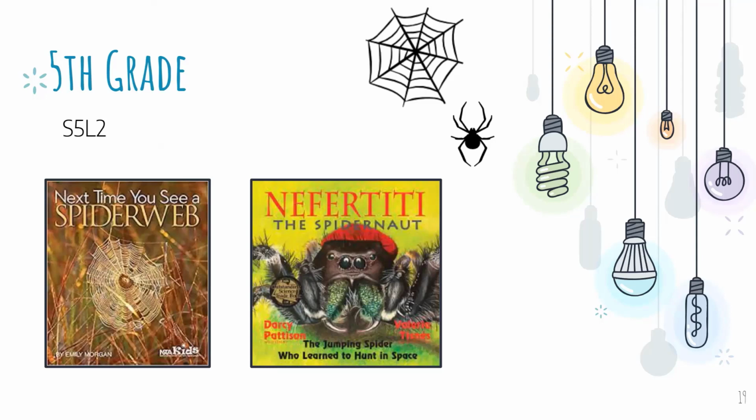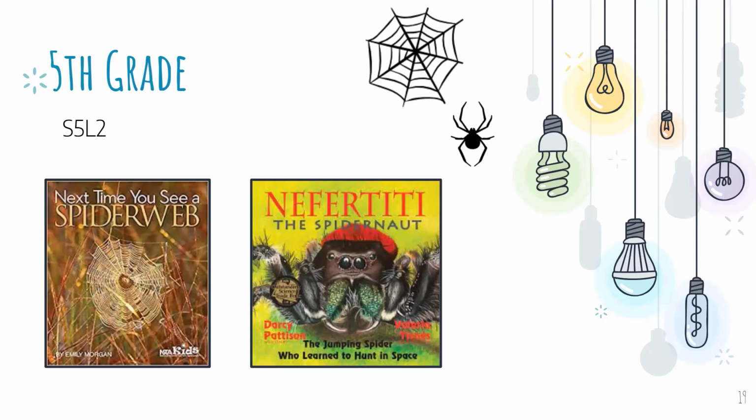Then they brought Nefertiti back to Earth to see how she would adapt. So again, we're talking about learned and inherited traits here. There are even some videos of Nefertiti that you could look up and watch. It's really fascinating. These are two really good books to pair together and talk about inherited traits versus learned behaviors.